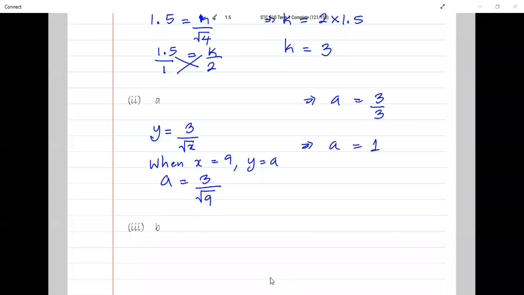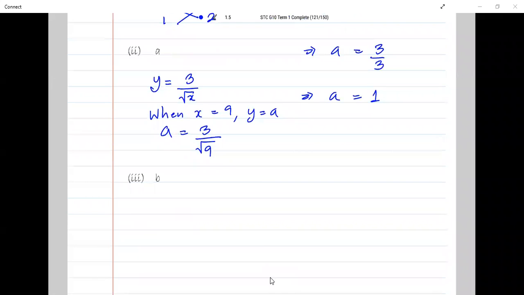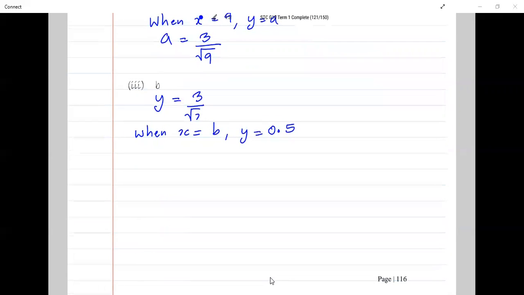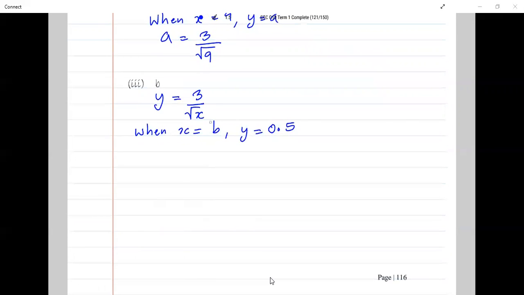All right, let's go for the more difficult part. You're going to rewrite the equation again. Y is equal to 3 over the root of x. And when x is equal to b, y is equal to 0.5. Let's put that in. y, 0.5, is equal to 3 over the square root of x, which is b.